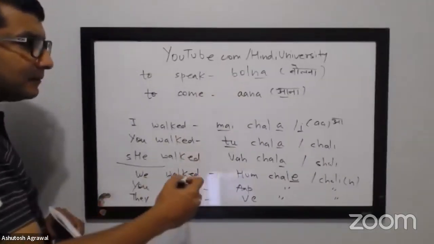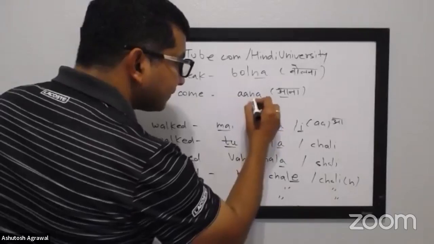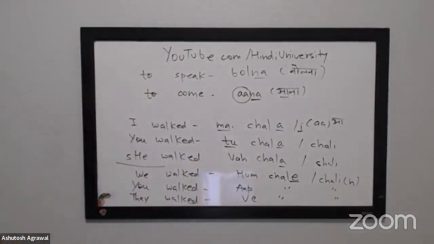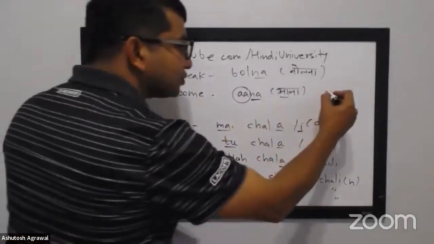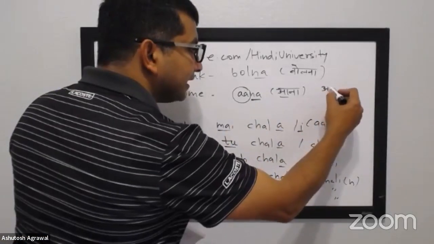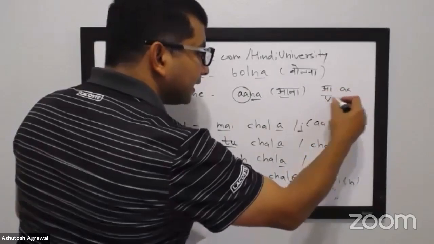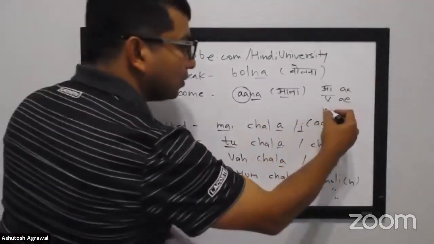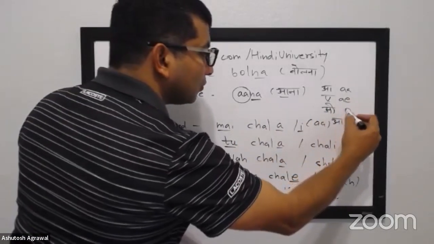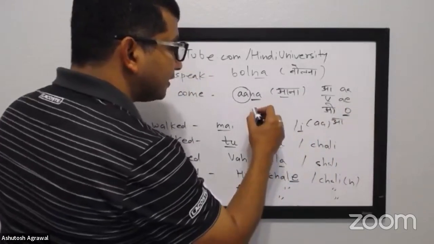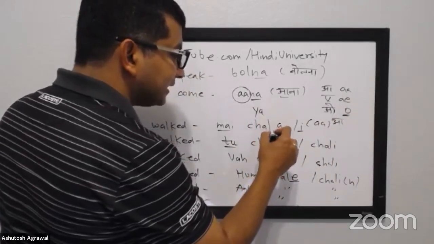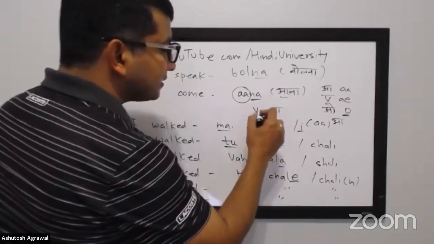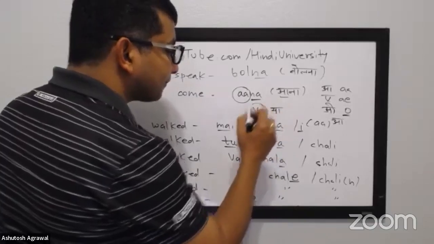It follows the same pattern, but when you remove the base stem, you will notice that you are left with a. Generally, when the base stem ends with an a or o vowel sound, you will end up putting the ya in addition, which is considered a semi-vowel.